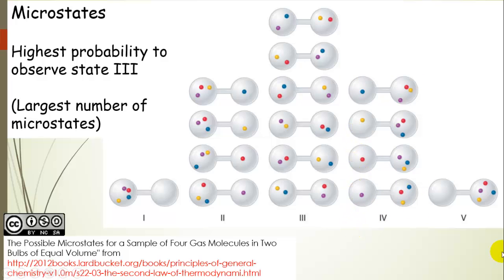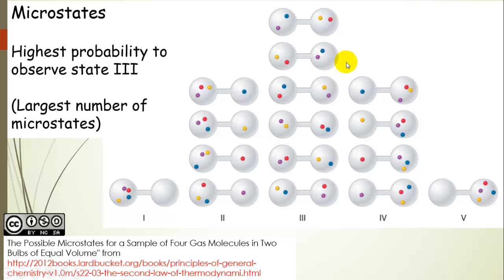What about allowing them to split equally, 2 and 2? So in this one, let's go ahead and keep yellow and blue over here, put red and purple here, change places, and we have another microstate. Now let's exchange partners. So now purple can be with yellow and red can be with blue. And then again, let's just swap them.